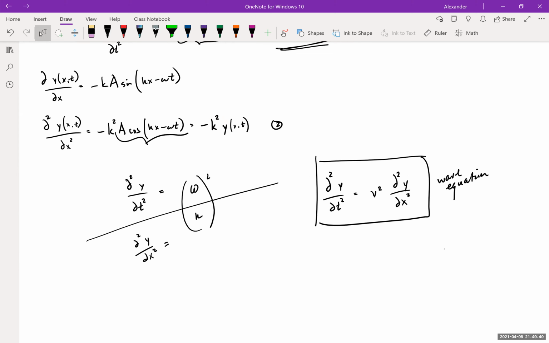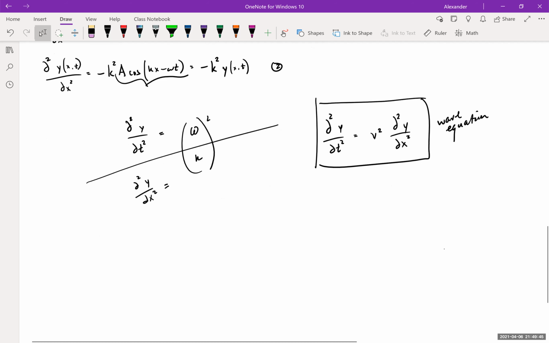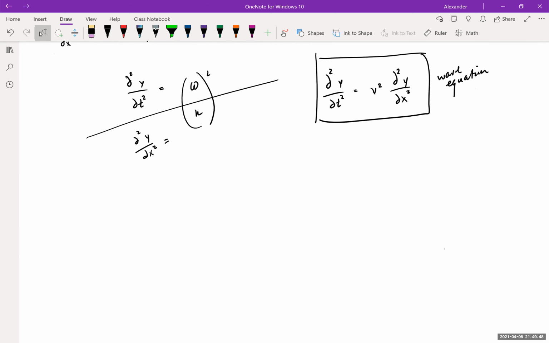Just like we did with simple harmonic motion, anytime we can write that the partial of anything is positive proportional to the partial of that same thing with respect to space, that is a wave, because it satisfies the wave equation.